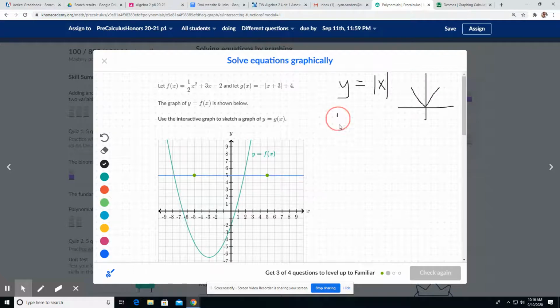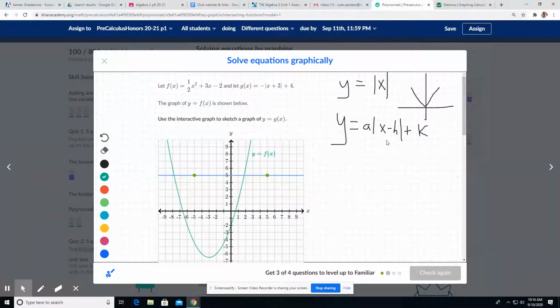And then if we wanted to expand on what the parent function changes, there's some scale factor in front, x minus h, and then we have our plus k at the end. And this affects the x, so that moves it left and right. I always think about it as the opposite of whatever that is.